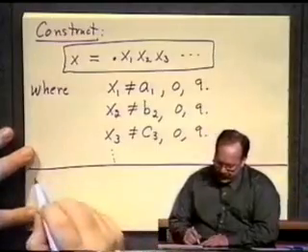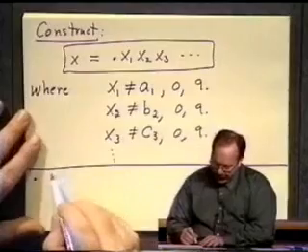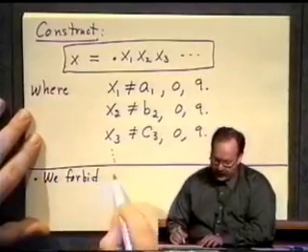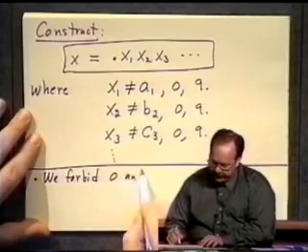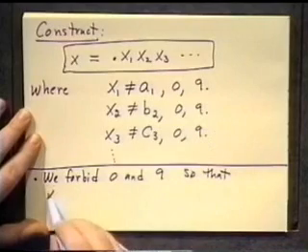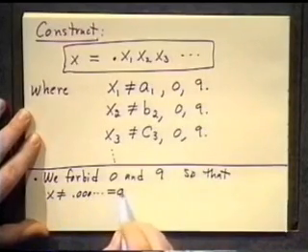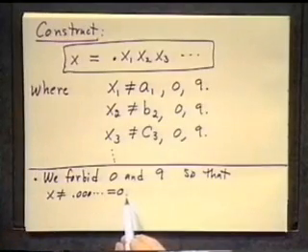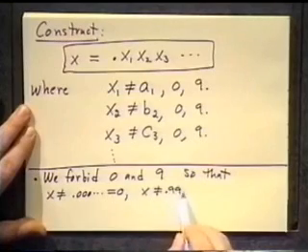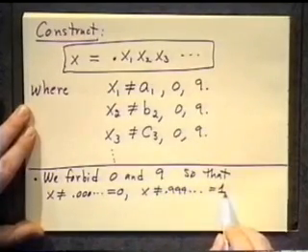Now, let me tell you, first of all, why I am forbidding 0 or 9. I'm constructing this so I can make it any way I want. We forbid 0 and 9 so that, first of all, x will not turn out to be 0.000 out to infinity, which is 0. And 0 is not in the interval, that's one endpoint. Also, we don't want x to be equal to 0.999 out to infinity, which of course is equal to 1, and that's another endpoint.